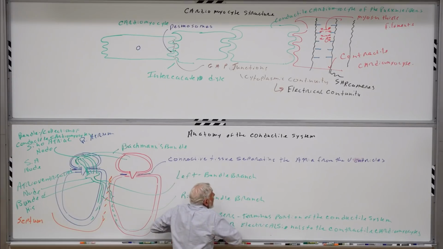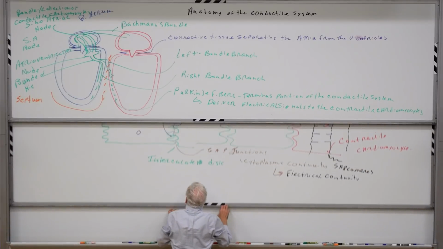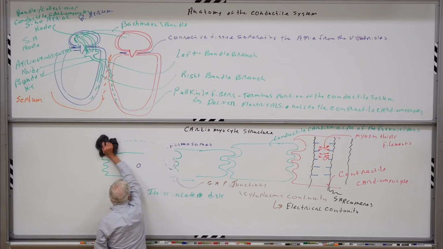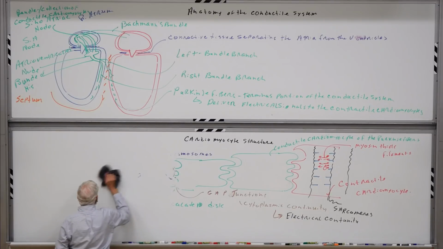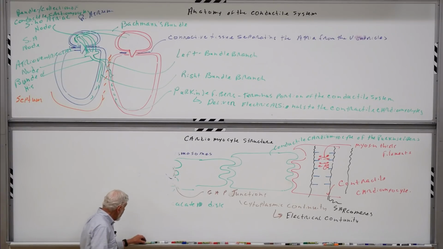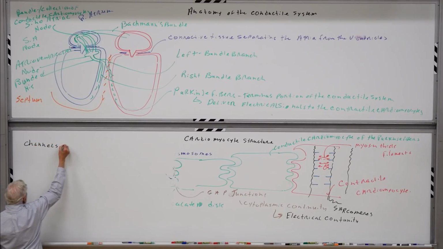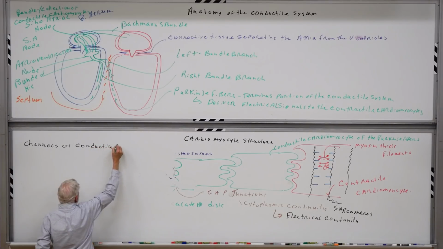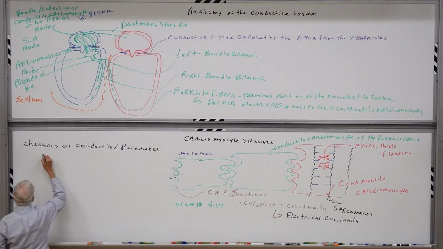All right. So up here on this panel, on the left-hand side, I want to start talking about the channel complement in conductile cardiomyocytes. We'll list these, and then we'll talk about what they do. So these are the channels of conductile, probably more accurately described as pacemaker cardiomyocytes.